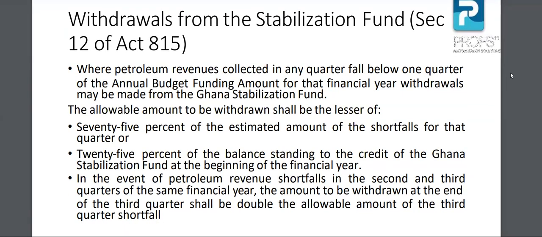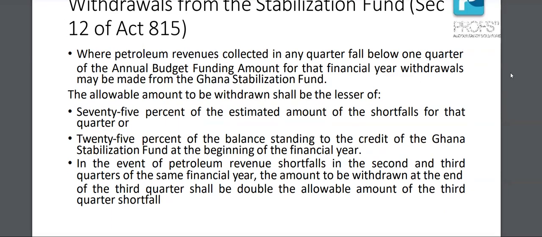So let's look at how the withdrawals are done. The allowable amount to be withdrawn, this is the criteria, shall be the lesser of 75% of the estimated amount of the shortfall for that quarter. So which means that we need to take a look at the shortfall for that quarter by comparing the budgeted and then the actual for that quarter.